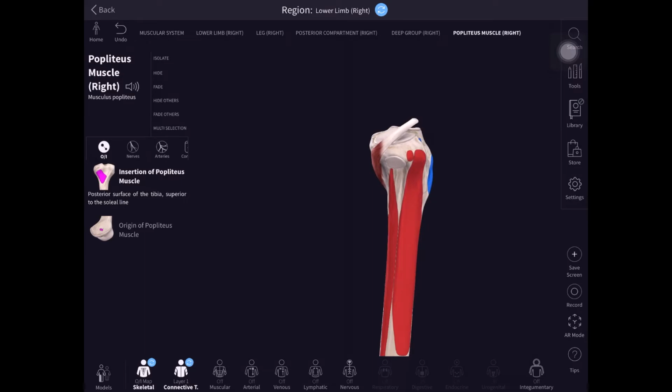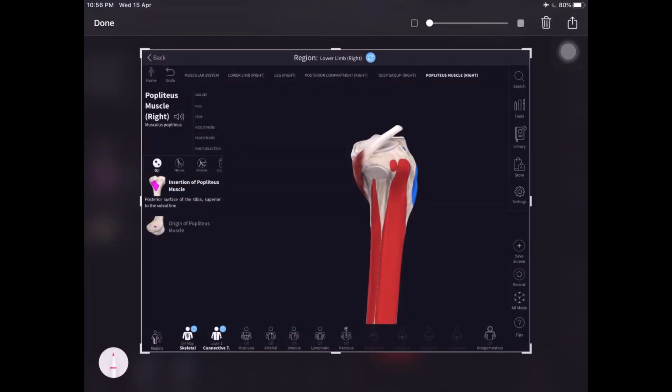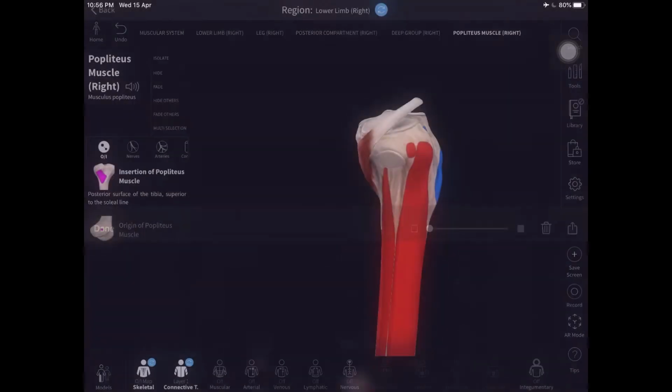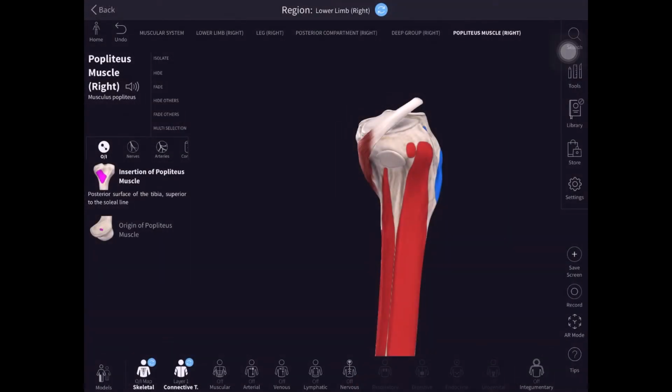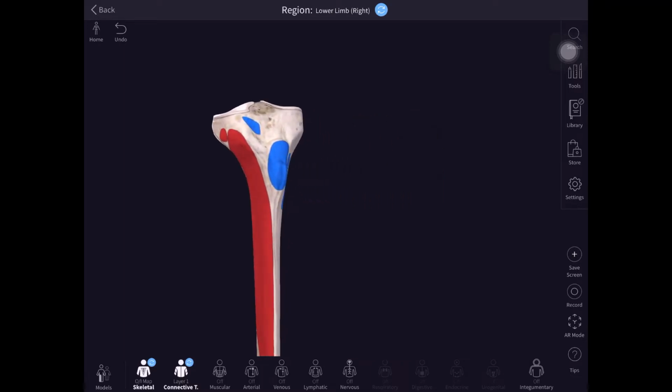Now you can see here, this area is the groove into which the tendon of popliteus is lying. So you find the groove for the tendon of popliteus there. So laterally you will see the facet for the head of the fibula and the groove for the popliteus.